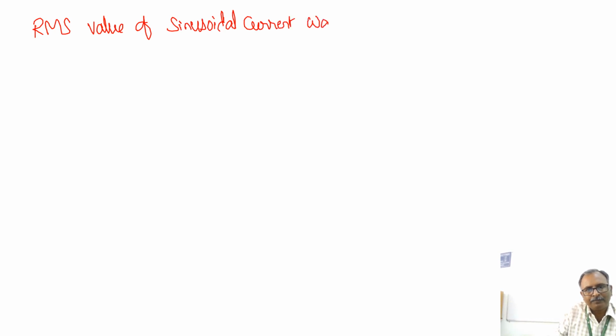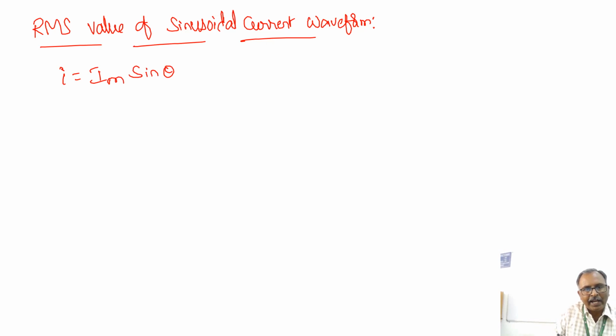Let's see the derivation of RMS value of a sinusoidal current waveform. Let the instantaneous current I equal to Im sin theta. As it is a sinusoidal current waveform, the instantaneous current I is given by Im into sin theta.